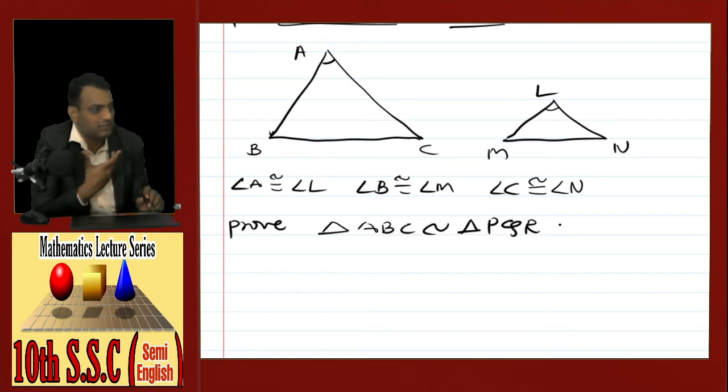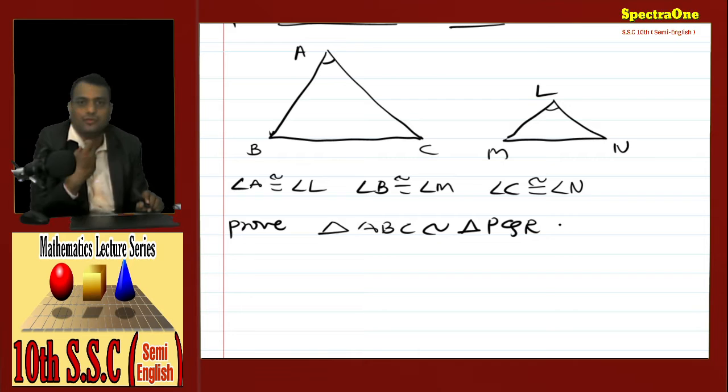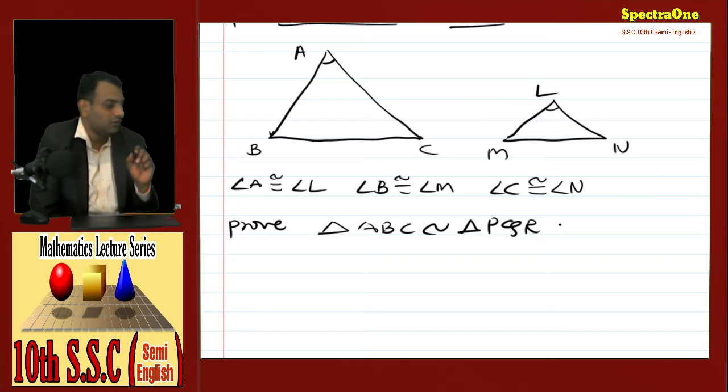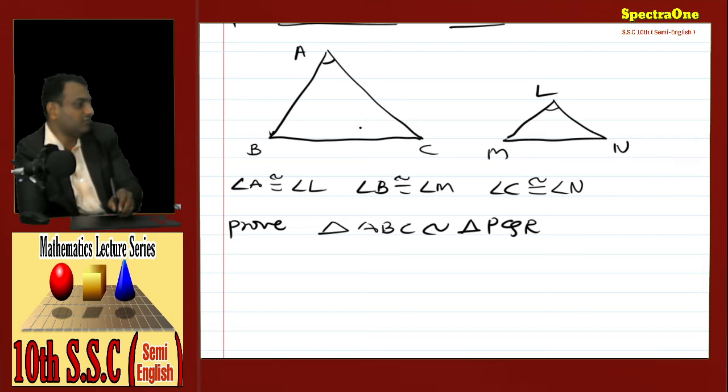Suppose in these two triangles, which is given, ABC is larger in size, LMN is smaller in size. Now, to prove that, let's draw some figures.